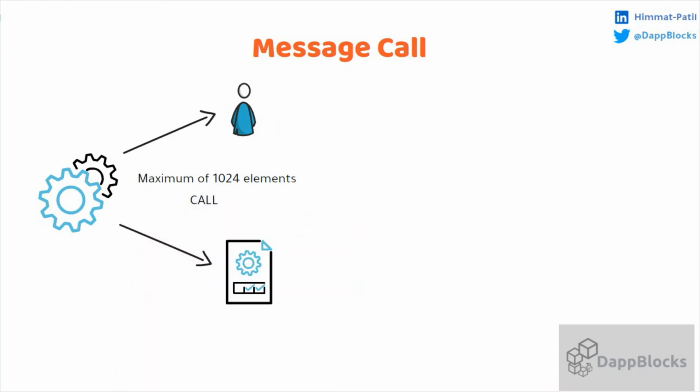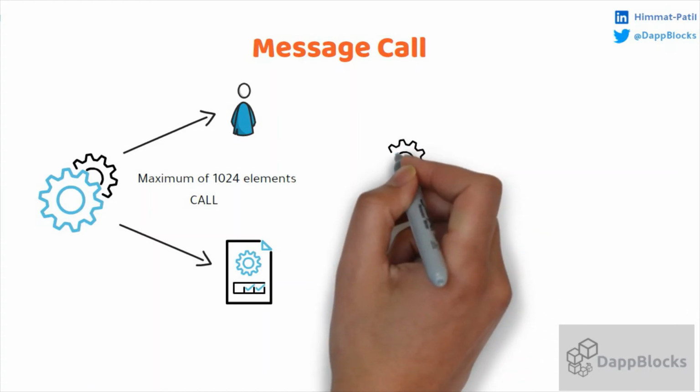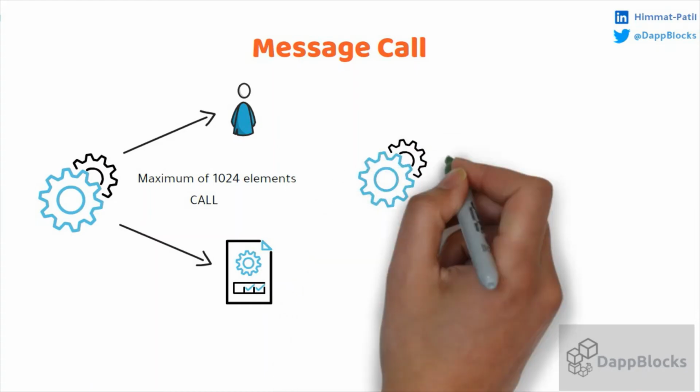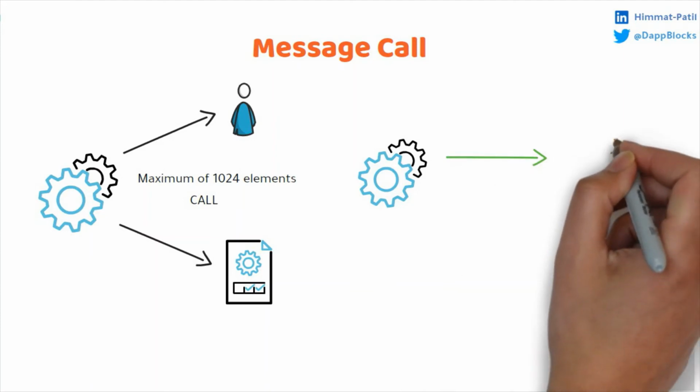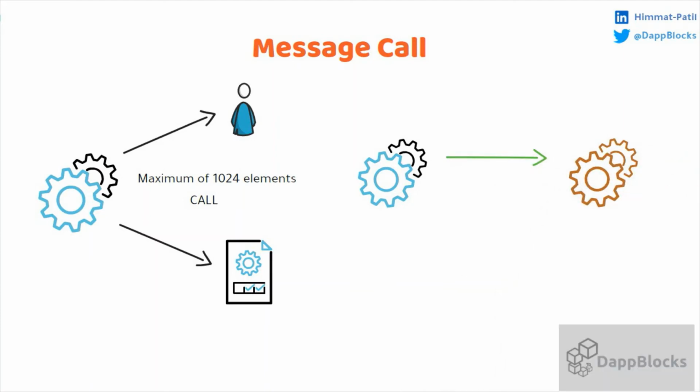Message call is triggered by call operation or instruction from the stack. Message call sends call instruction to other EVM. The other EVM performs the same operation as we have mentioned in EVM execution model and returns instruction output or the value back to the first EVM. Then that first EVM starts executing next operations from the stack.